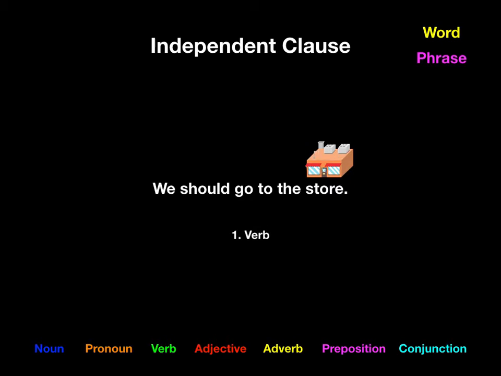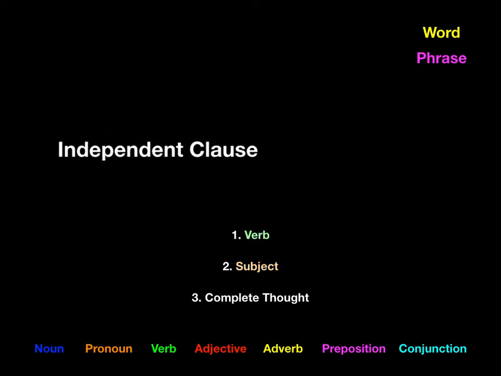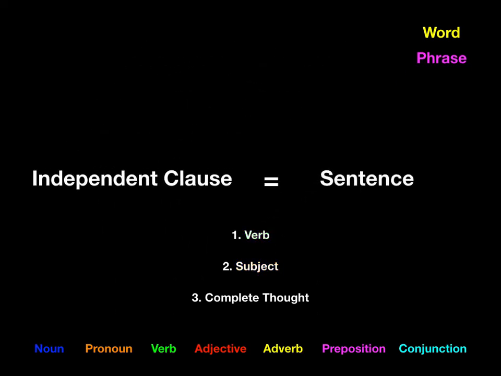They must have a verb, they must have a subject, and they must have a complete thought. Within this independent clause, we can identify the verb "should go." We can also identify a subject, "we," and this independent clause also has a complete thought. We should go to the store. We should consider independent clauses to be sentences.